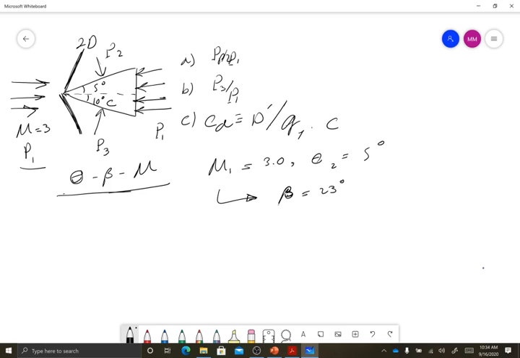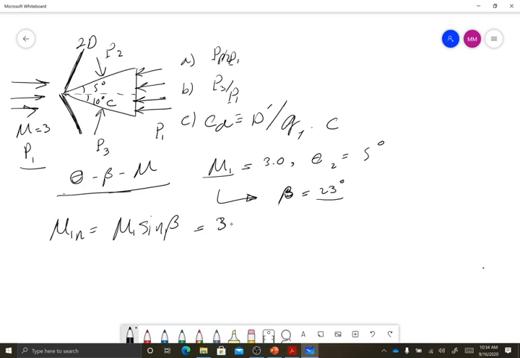So for the oblique shock wave, we have to calculate the normal component of the Mach number, using the M1 sine of beta equation, right? We have beta, we have M1.